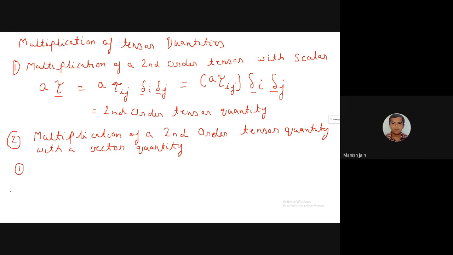So again in 2.1, that is the dyadic product of a vector and a second order tensor.